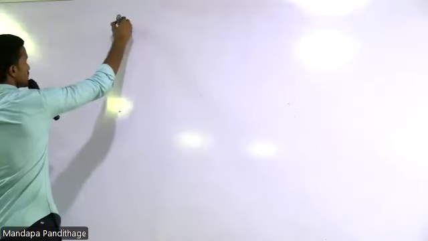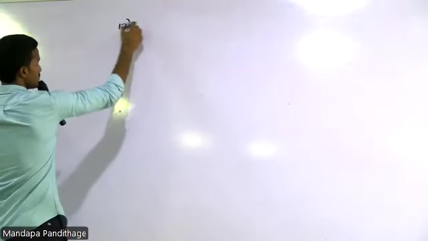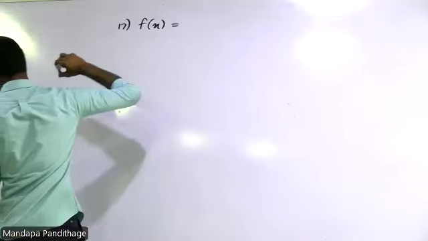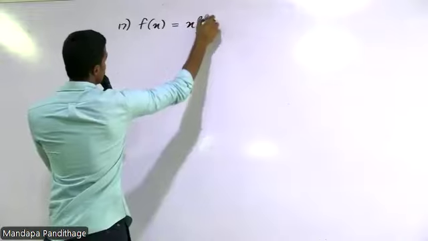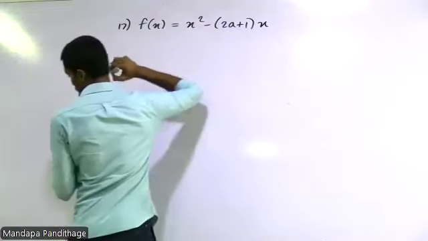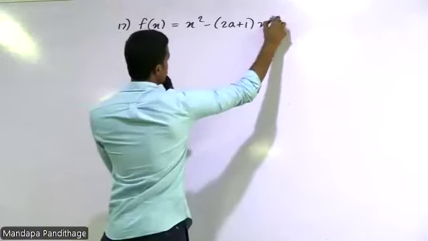Okay. Now look at question number 17 on page number 4. If x minus 3 is a common factor for both expressions, find a and b. First thing you have to do, name these polynomials. f(x) is equal to x squared minus (2a plus 1) times x plus 2b.